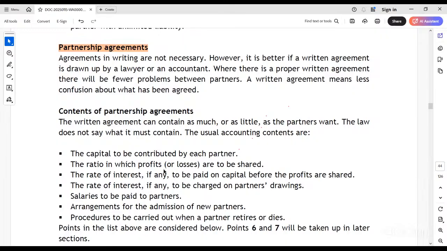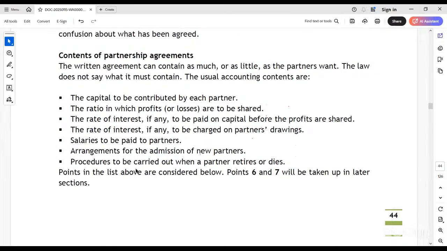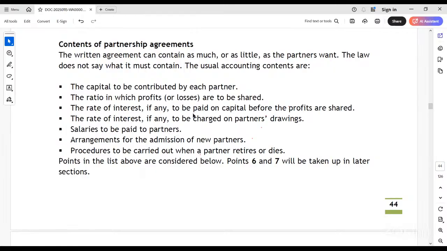In the partnership agreement, the usual contents are the capital to be contributed by each partner. We have to clearly state that in the agreement. How much capital are we contributing?